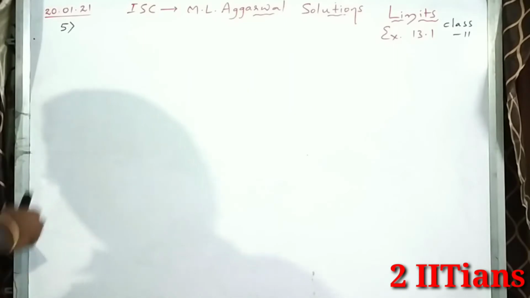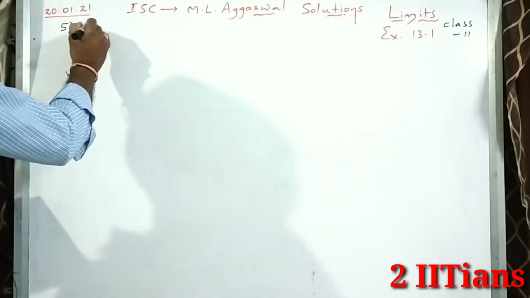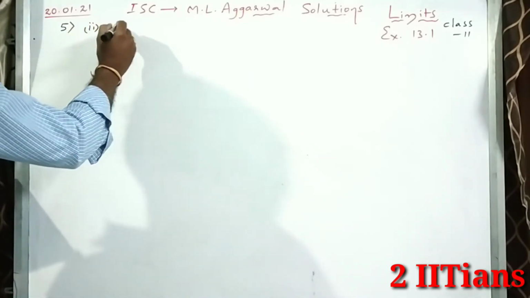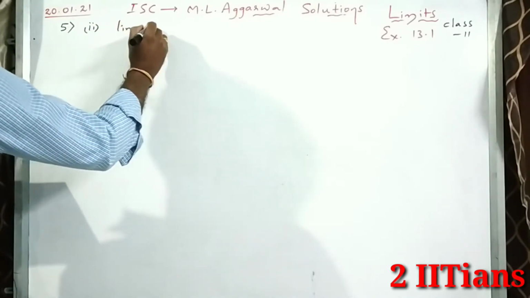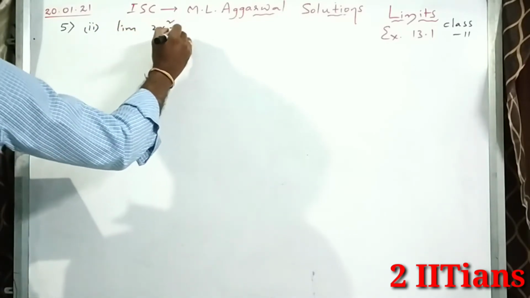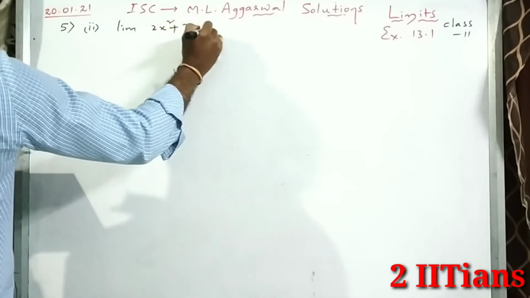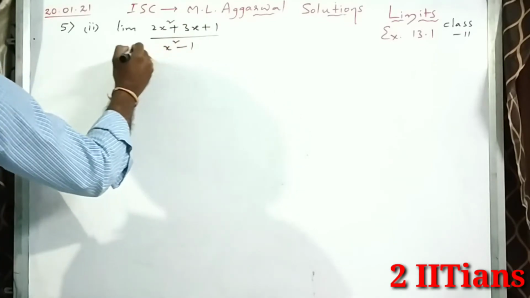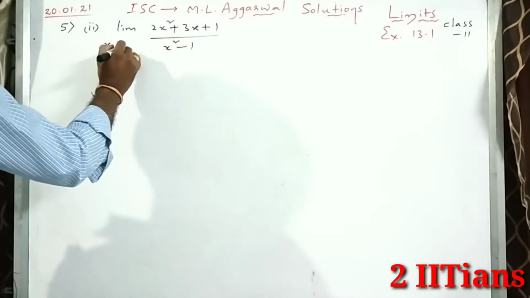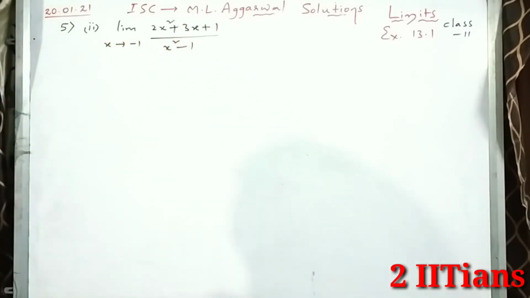In the fifth question, second bit, limit of 2x square plus 3x plus 1 upon x square minus 1 as x is tending to minus 1.